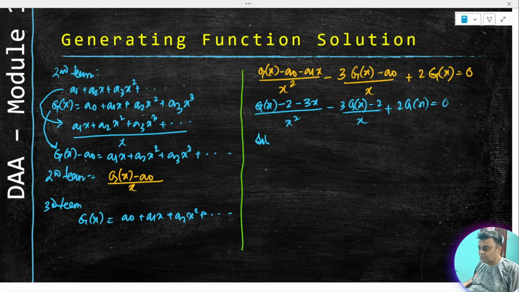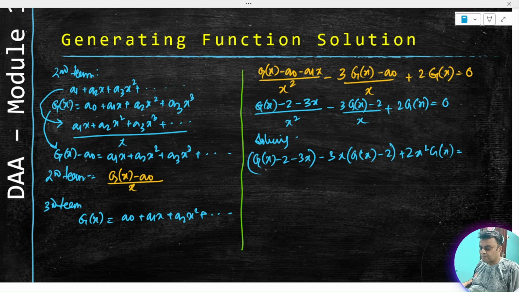So now you solve this. If you solve this, then we'll do an LCM. So x square will be multiplied all throughout. So we will have gx minus 2 minus 3x, right, minus 3x times (gx minus 2) because of the LCM, plus 2x square gx, which will be equal to 0.